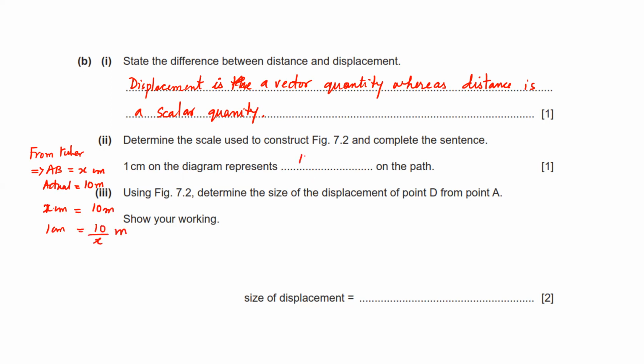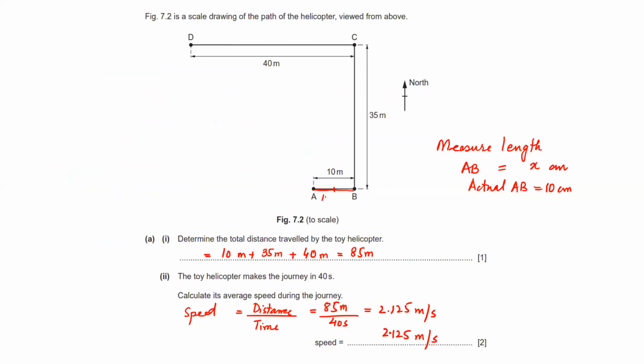Just simply 10 divided by X, whatever you measure on your answer sheet, put the value over here. So 1 centimeter will be equal to that number of meters. Okay. Then figure 7.2, measure the displacement of point D from A, show your working. So measure the displacement.